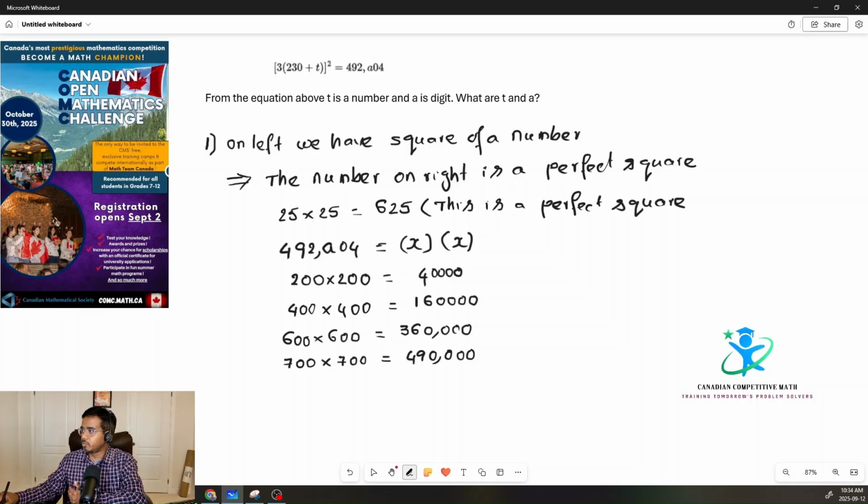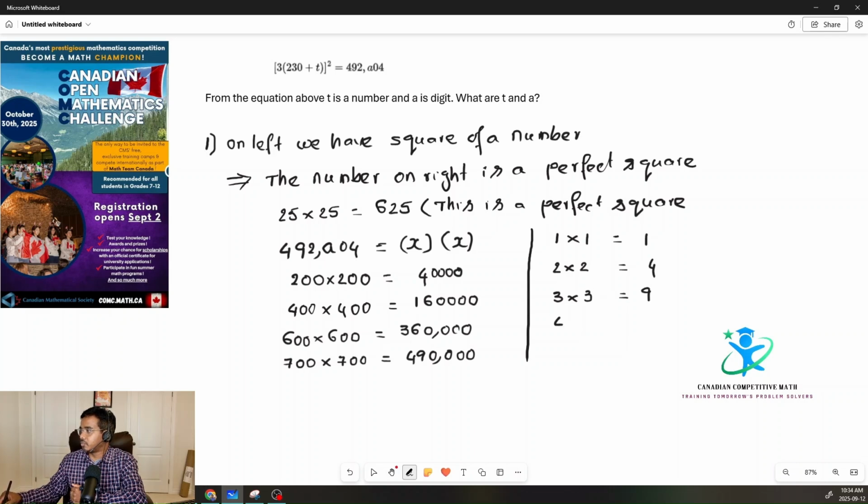We need to look at one more concept when we square numbers. If the last digit is 1 and I square it, the last digit will always be 1. If the last digit is 2 and I square it, the last digit will be 4. If the last digit is 3, the last digit of the square will be 9.